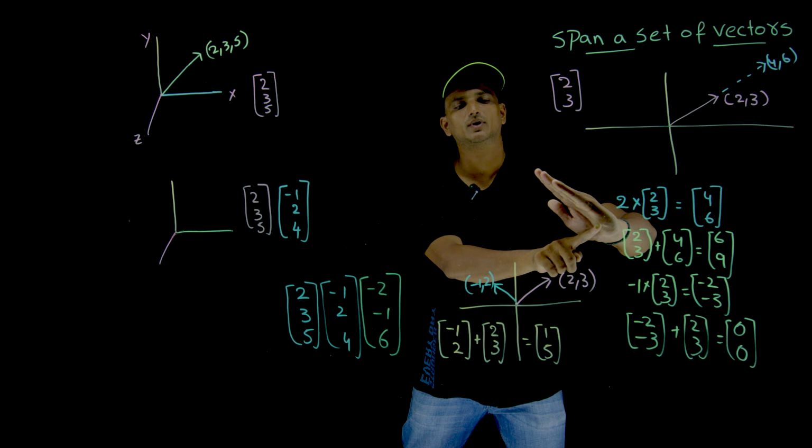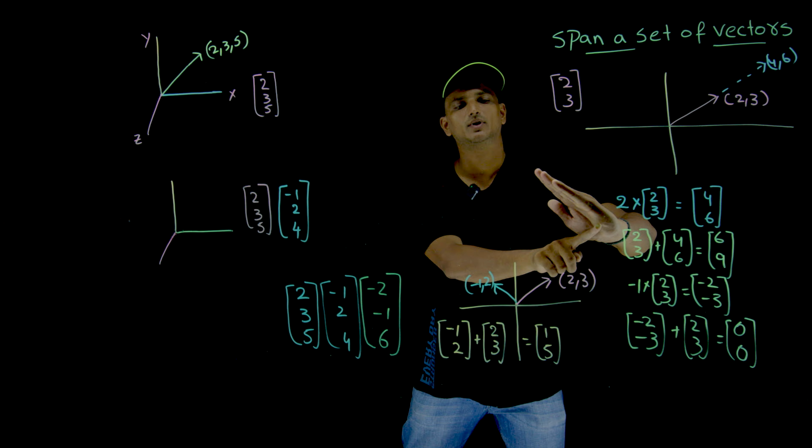The point you need to understand: adding two vectors that are moving in the same direction, you are going to get a new vector that moves in the same direction. So you got a new vector 6, 9 somewhere around here, which is moving in the same direction. Spanning means, by giving this 2, 3 vector, what is the space that you are able to occupy.